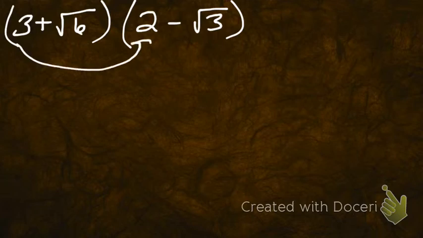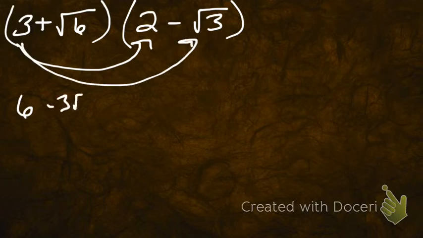So 3 times 2 is 6. And now you have to be careful when you're multiplying because a number outside of a root does not get multiplied times a number inside of a root. So 3 times root 3 is just 3 root 3.